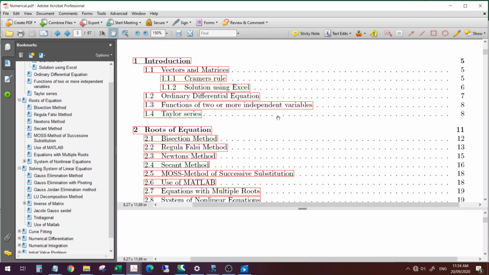Then we will also be talking about functions of two or more independent variables, especially partial differential equations. Partial differential equation deals with, say, a 2D plane. For example, if it's one-dimensional, you only have one variable, so we only consider a linear 1D plane.